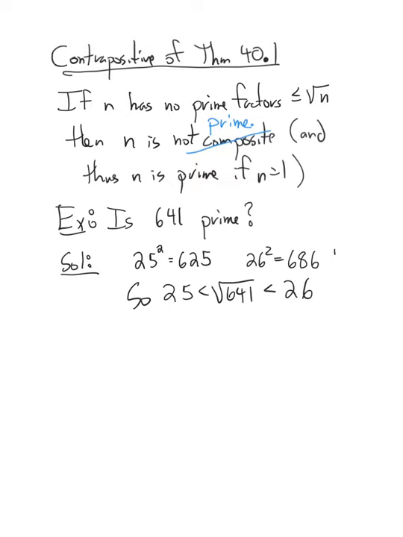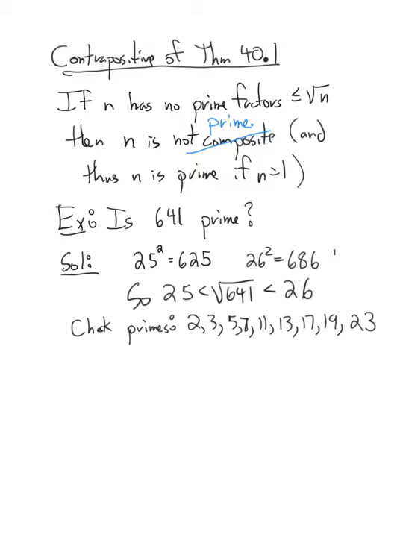So, what prime numbers do we need to check? Well, 2, 3, 5, 7, 11, 13, 17, 19, and 23.